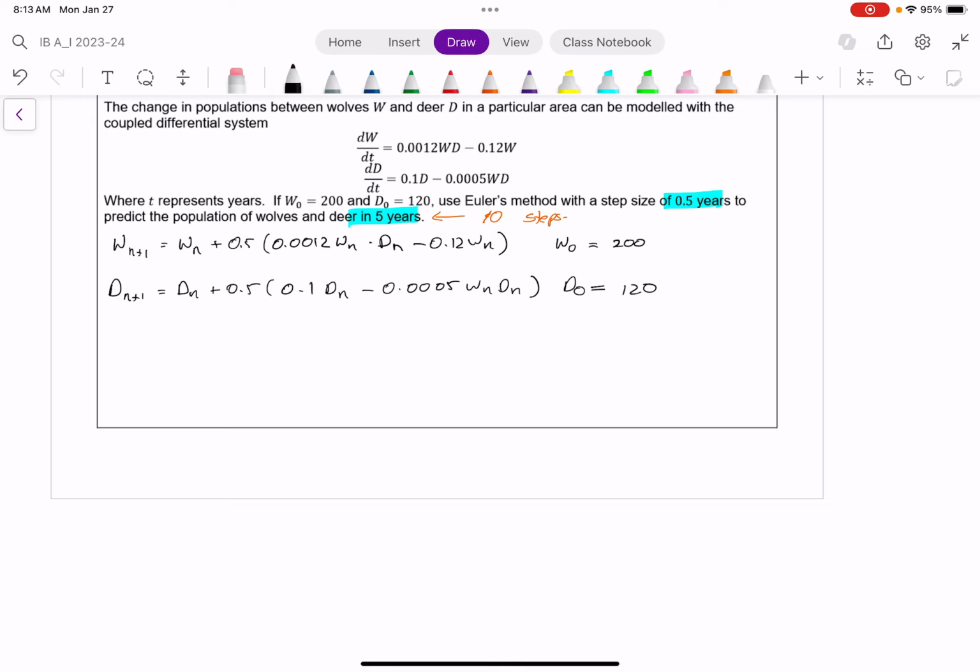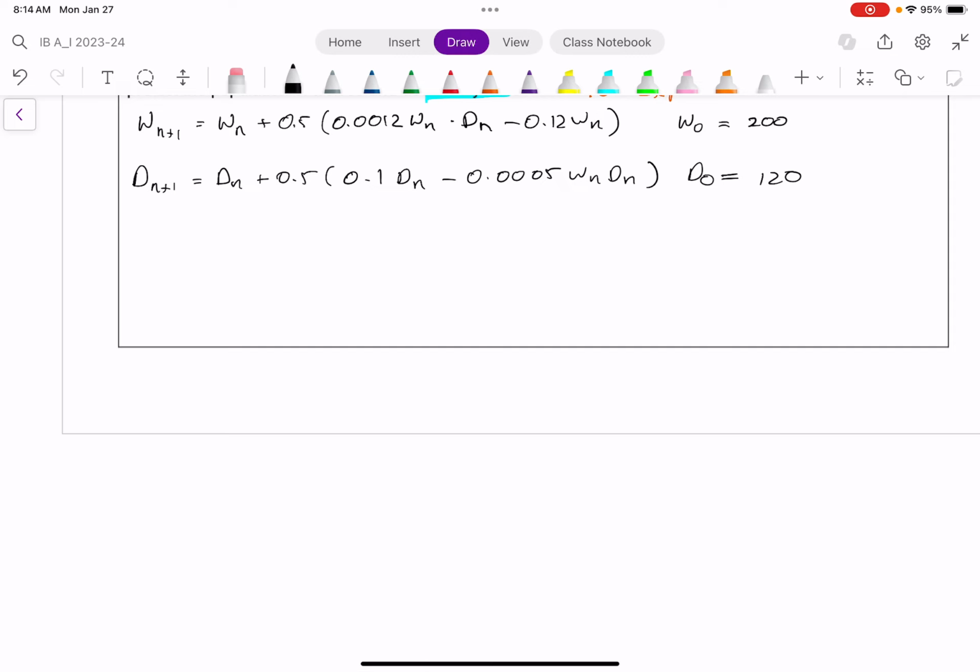If I want, I could create a third equation, which would just be for time, which depends how you set up your sequences in your GDC, but it's not a bad idea and it's always quick. Tn plus 1 will equal the previous time plus the step size, and t naught equals 0.